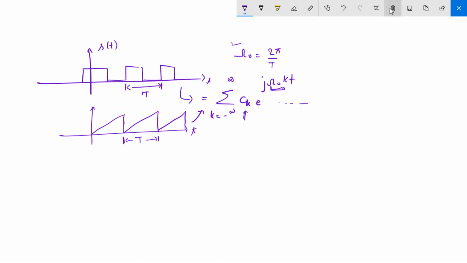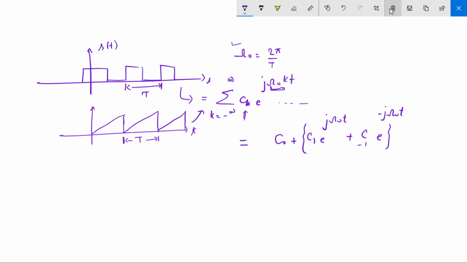You can also get a trigonometric series. In that you have c0 plus c1 e raised to power j omega naught t, and similarly c minus 1 e raised to power minus j omega naught t. If c1 and c minus 1 are the same, you can take them as common, and this will become a cosine function.